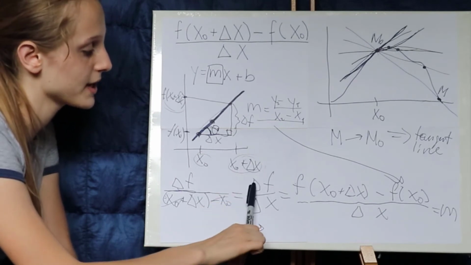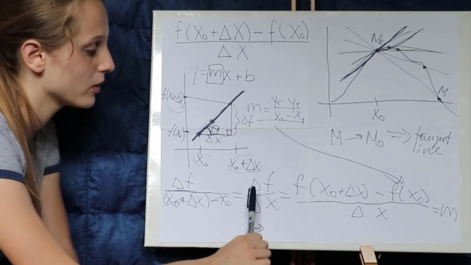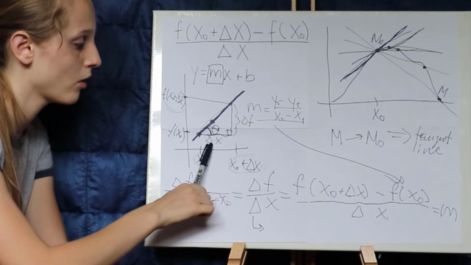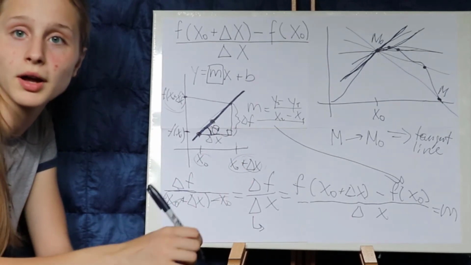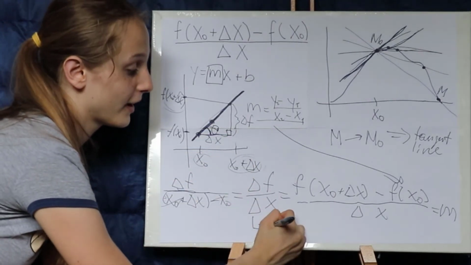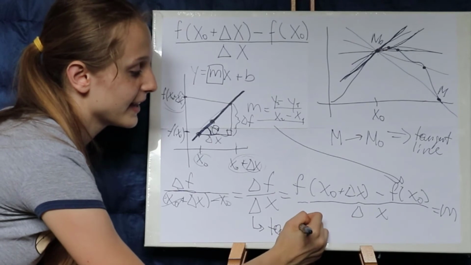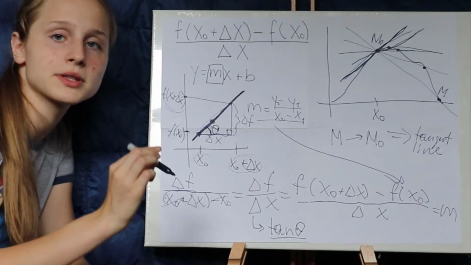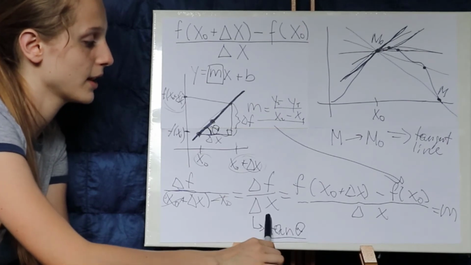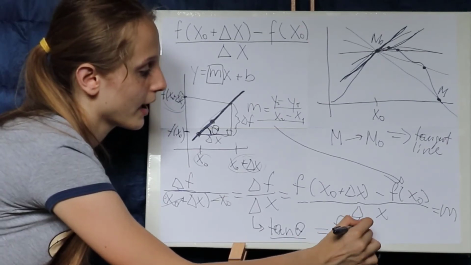Let's look back here at our delta f over delta x. That is opposite over adjacent, if you look at this angle. So SOH CAH TOA, opposite over adjacent. So this is really tangent of theta. So sometimes if you're given the angle, this could come in useful, because this is really f prime of x.